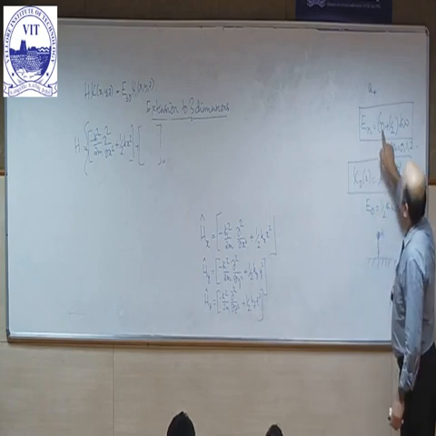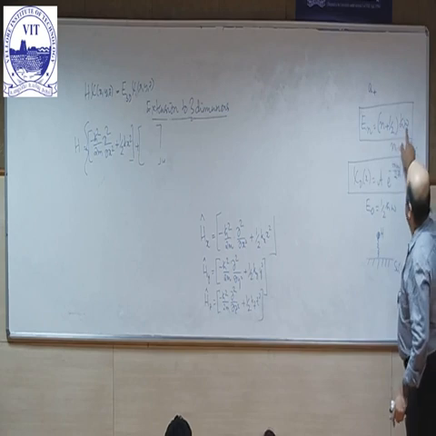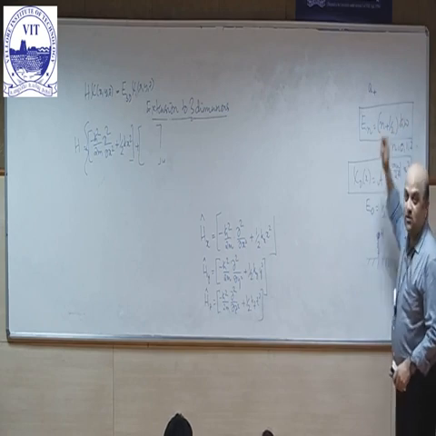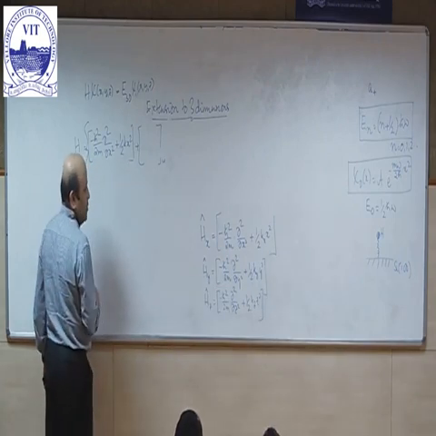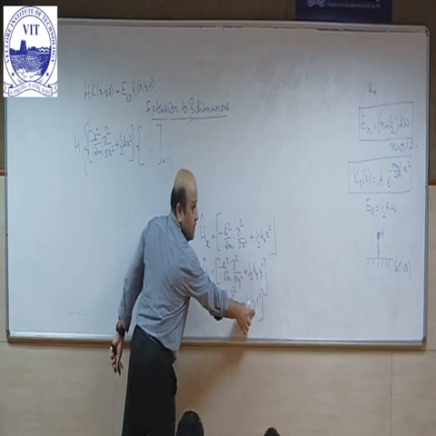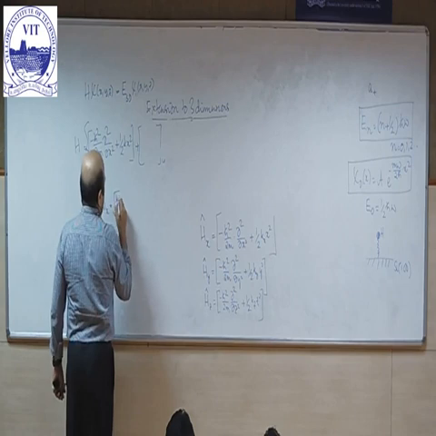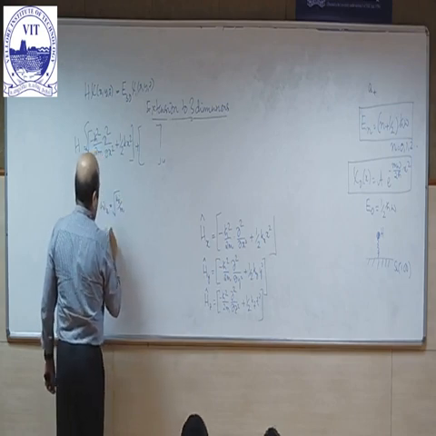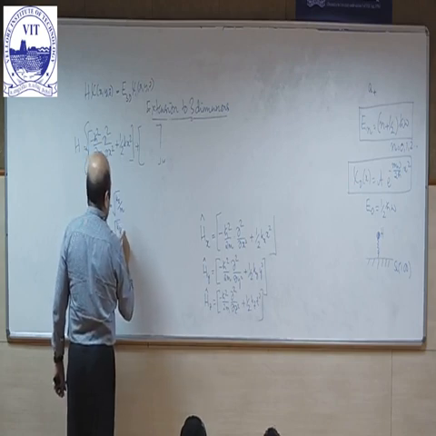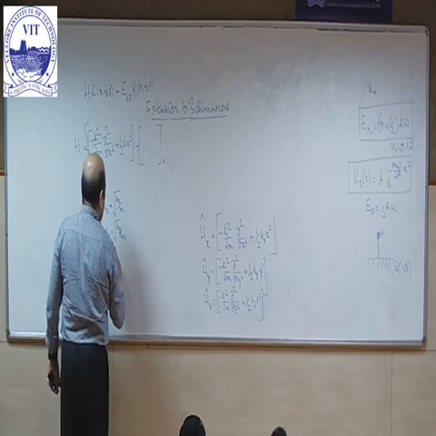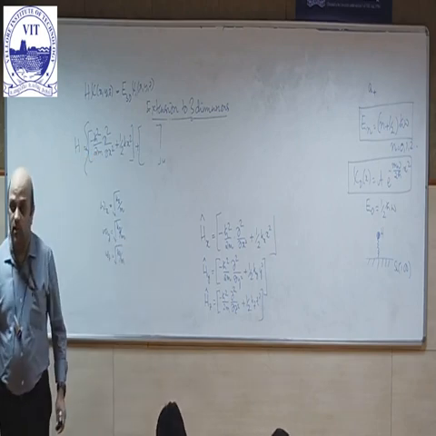What is Ex? Ex will be some number nx plus half times h cross omega x. And this omega also has an x component, because we considered a general case of kx, ky, and kz. That means omega x will be the square root of kx divided by m, omega y will be the square root of ky divided by m, and omega z will be the square root of kz divided by m. This is my general harmonic oscillator.